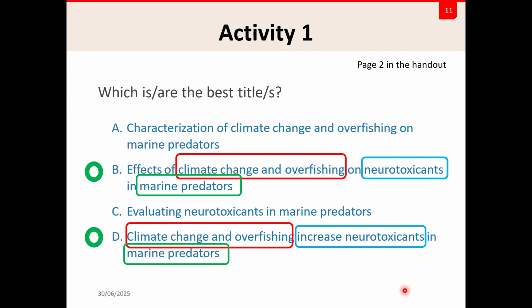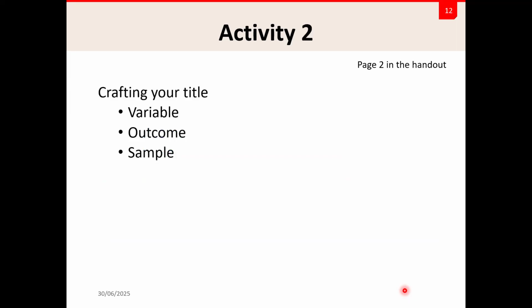So now you're going to work with me to write your own title. You don't have to write your title right now, but understanding these three components is important. I'll give you 2 minutes to write down your variable components. So take 2 minutes and think about that. What is the variable in your project if you write a title, and what would be the outcome?